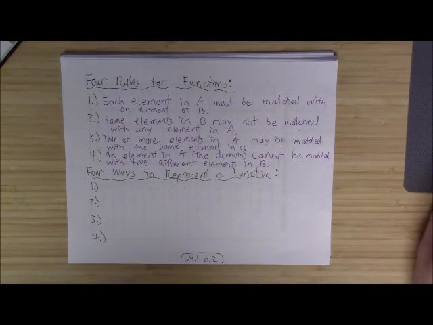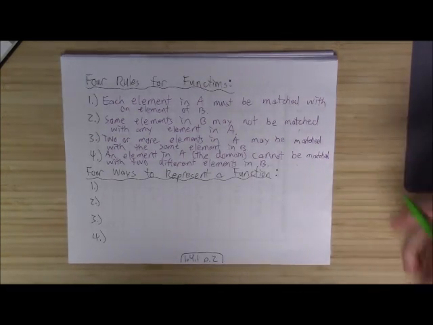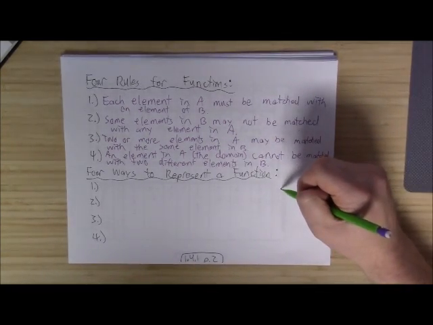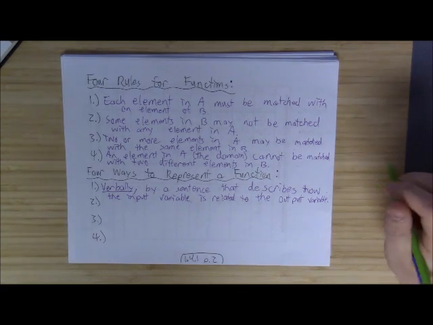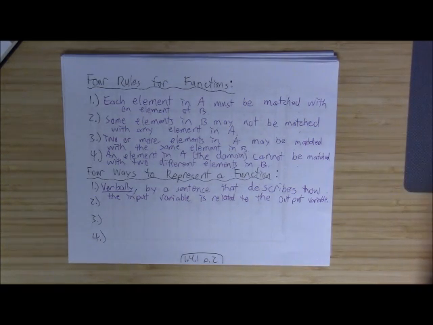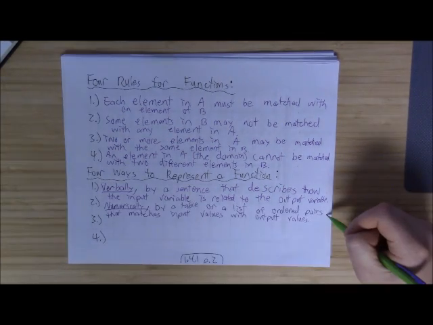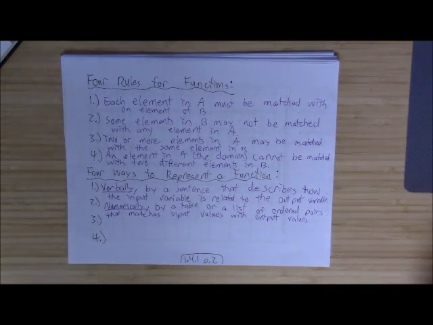All right, with that being said, there's also 4 different ways to represent a function. The first way is verbally, which is by using a sentence that describes how the input variable is related to the output variable. The second way is numerically, which is by using a table or a list of ordered pairs that matches input values with output values.